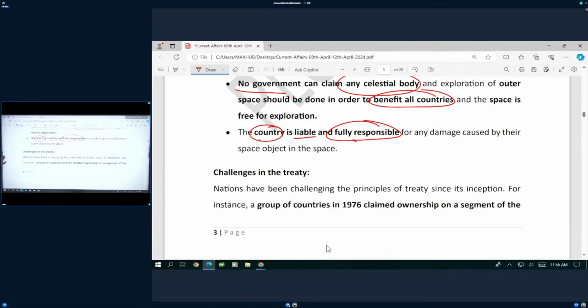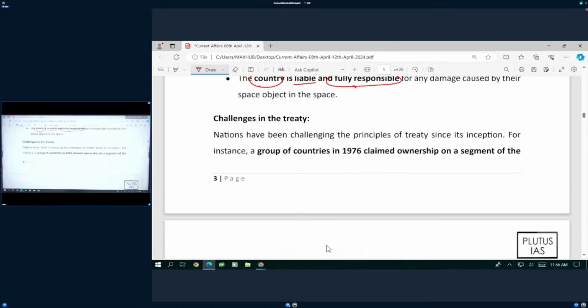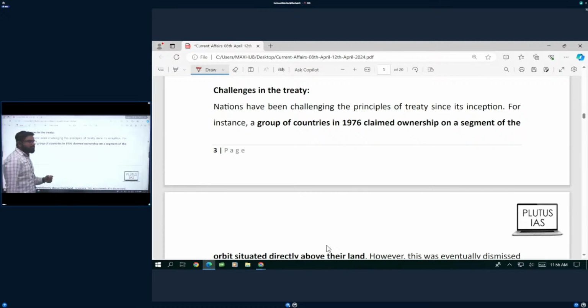अब issue क्या है? There are some issues. पहला, some countries challenged this in the 1970s. They said, right now आपको पता होगा, there is something called airspace. Outer space is different from airspace within the atmosphere. The airspace above every country is the sovereign territory of that country.